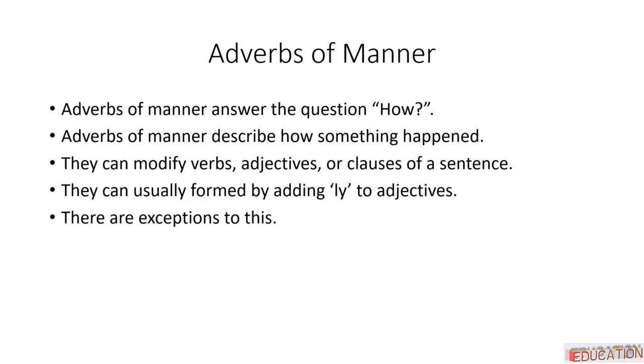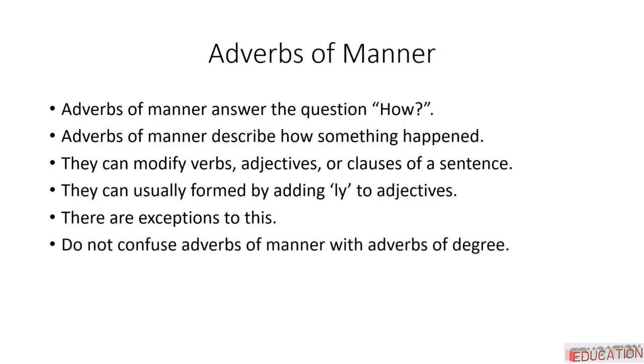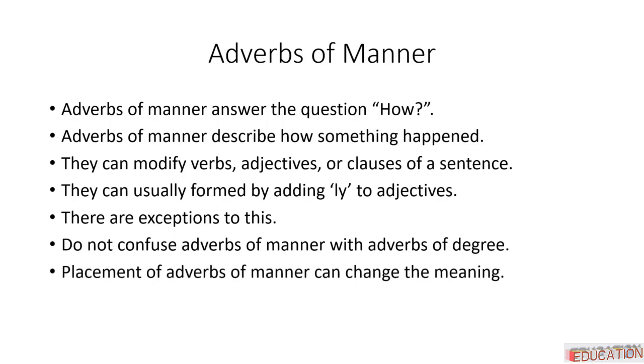Of course, there are exceptions to this. It is, after all, English. And please do not confuse adverbs of manner with adverbs of degree. The placement of adverbs of manner can change the meaning of the sentence, and we'll look at examples for all of these now.